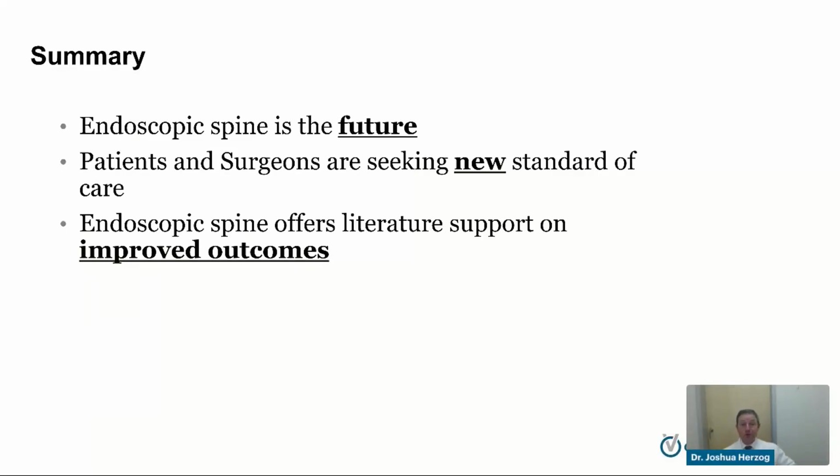I think that it's adding some new tools for us, specifically with the medial branch transection for those low back pain patients, and specifically for the transforaminal far lateral disc herniation, being able to access those in a safe manner. And we know that patients and surgeons are both kind of keyed in and interested. And we know that there are some improved outcomes, some accelerated rehab and recovery for these patients.